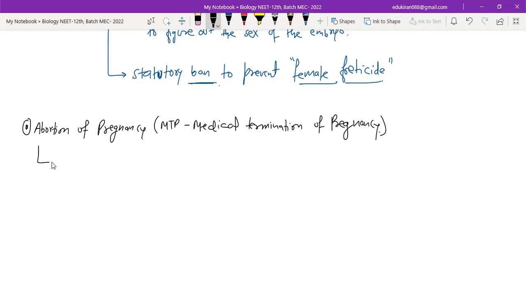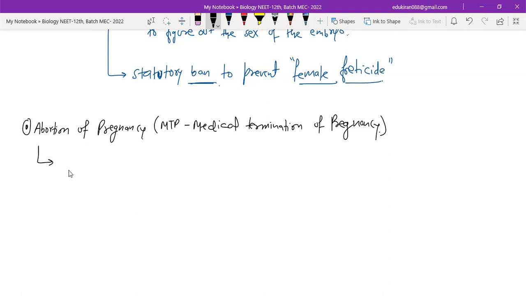So it's not just a medical issue. Legally, it is very convoluted. It's a complex thing. It has social issues, ethical issues, of course legal issues, emotional issues, and religious issues attached to it.